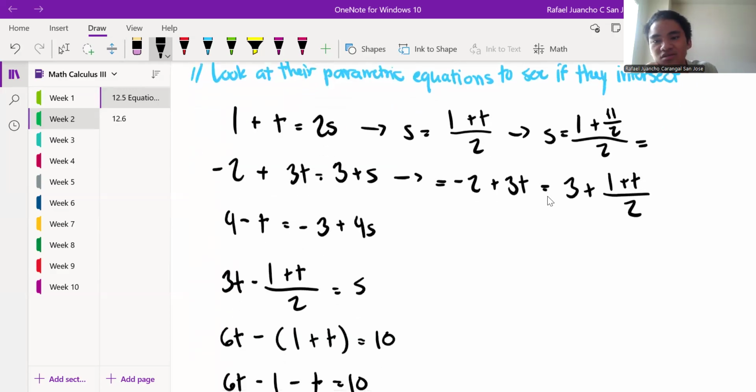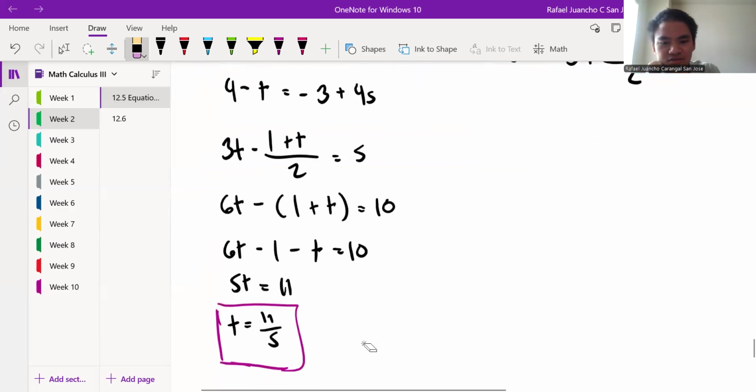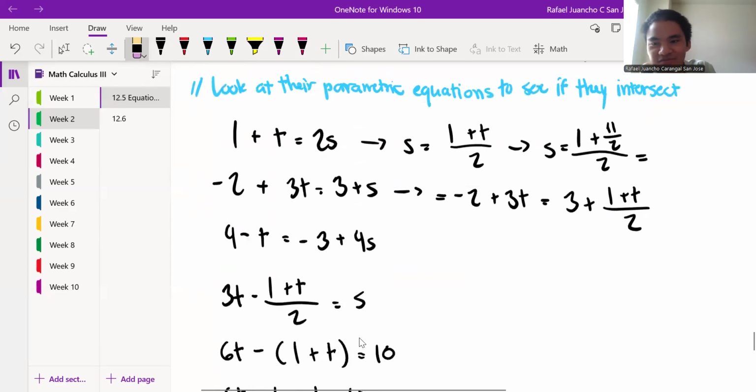So this is 5 plus 11, which is 16 over 5. I said 2, right? Oh my God, I meant 5.